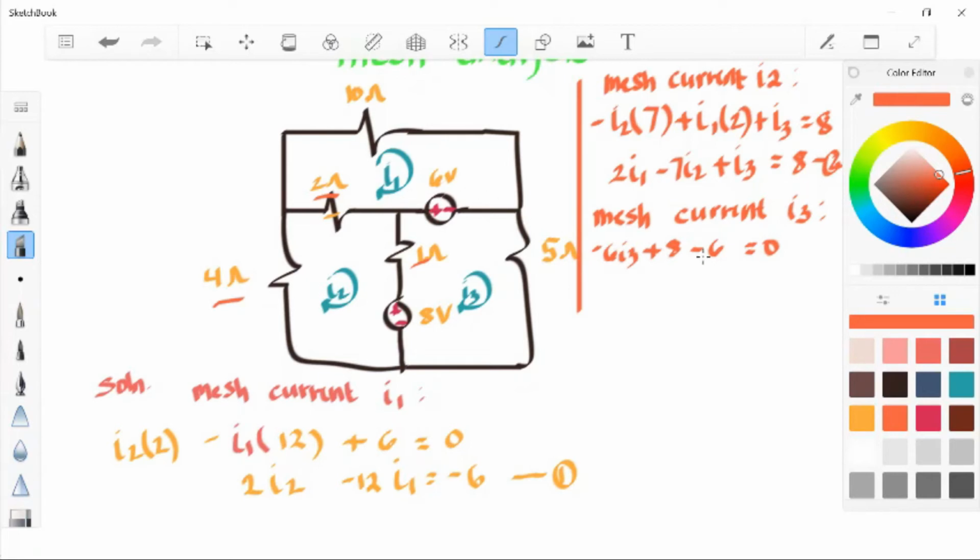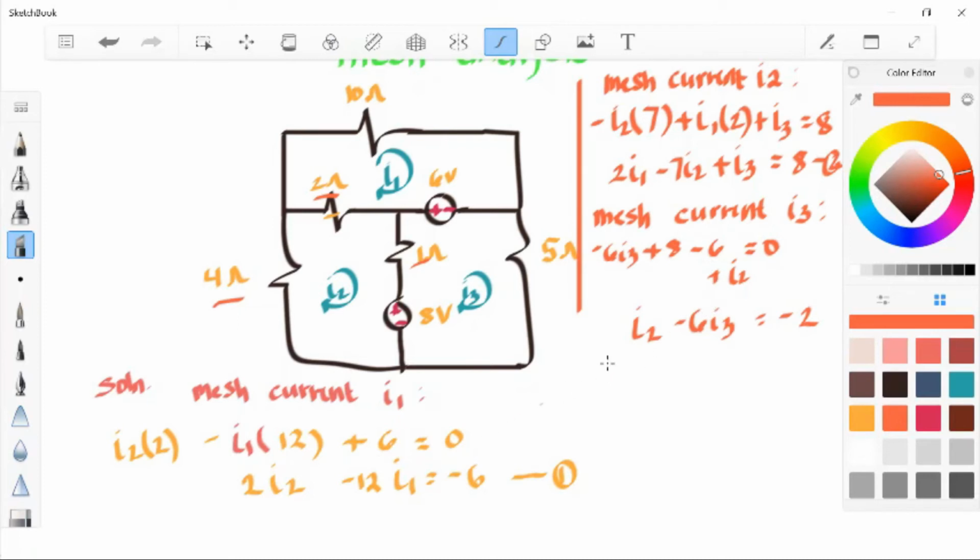At this point, I1 opposes the 6 volt, but we have already written the 6 volt potential. And for I2, it opposes I3, so we add I2. Therefore, the final equation would be I2 minus 6I3 is equal to 8 minus 6, which is 2. We transpose it to the right hand side, and it becomes negative 2.